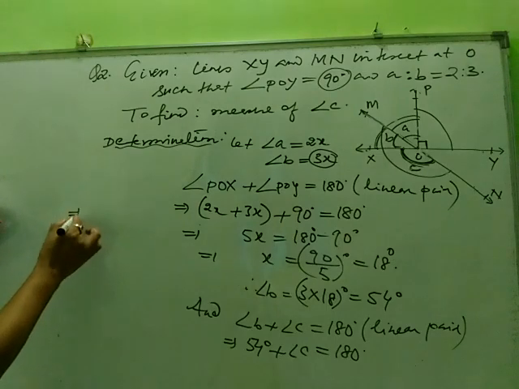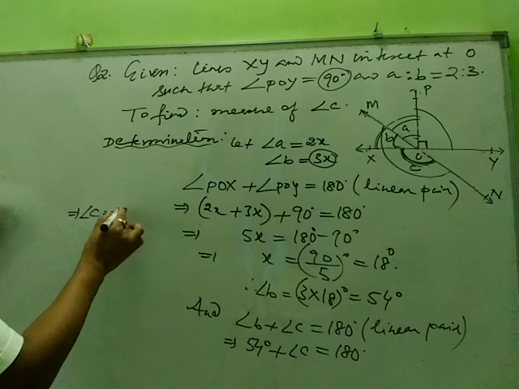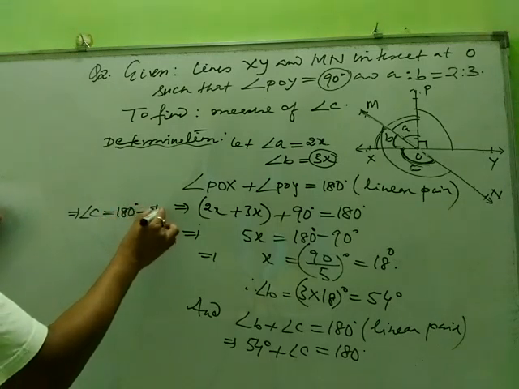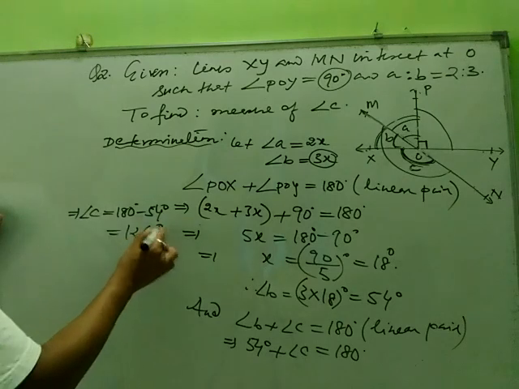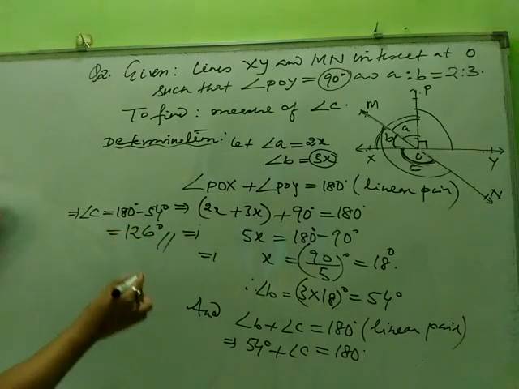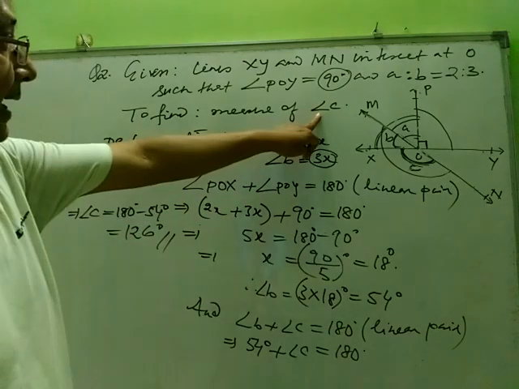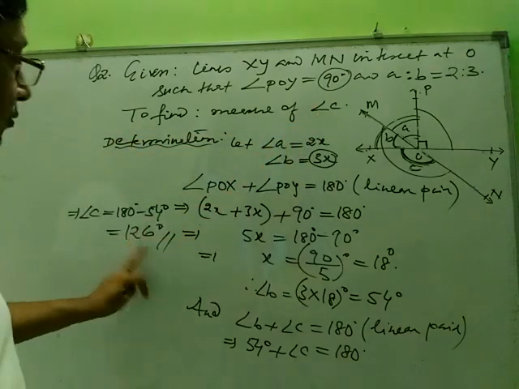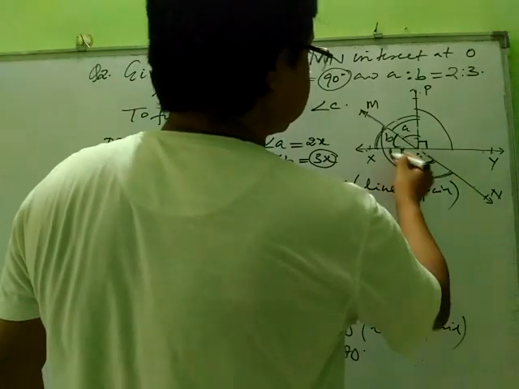That means angle C equals 180 degrees minus 54, so you will get 126 degrees. So this is your answer. The measure of angle C is 126 degrees. So this angle you will get 126.